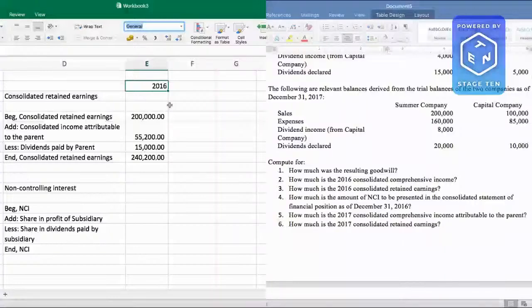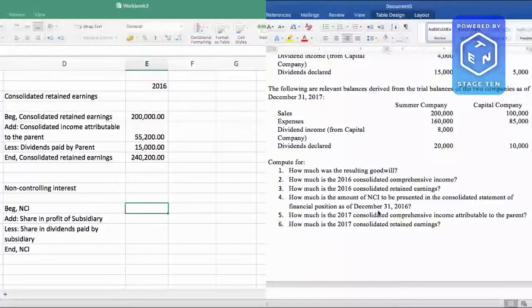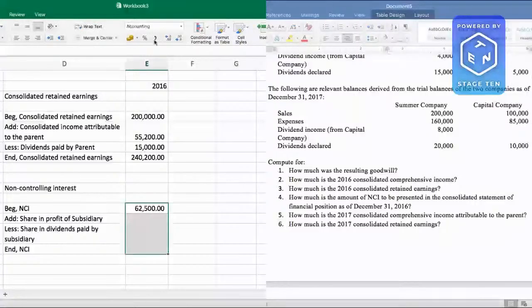Now, since we were able to solve earlier, class, that your beginning NCI is 62,500, the rest of this process would be very simple. We're just adding the profit and deducting the dividends. It's very similar to the capital account in a sole proprietorship and partnership.